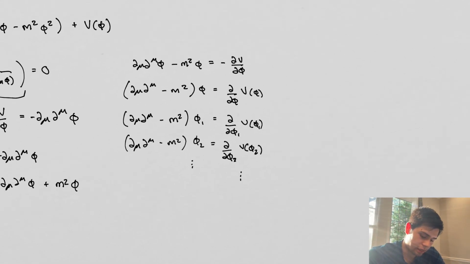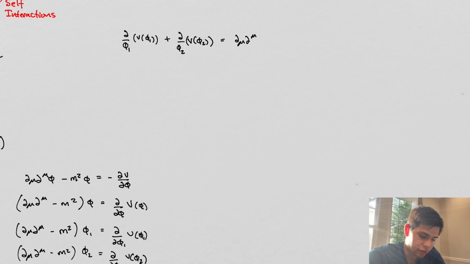We can also add these up, right? So we could say that dV d phi 1 on V phi 1 plus dV d phi 2 on V phi 2, well, that equals, we're making this stipulation here, m squared phi 1, 2, like that. We can add up the potentials, right?